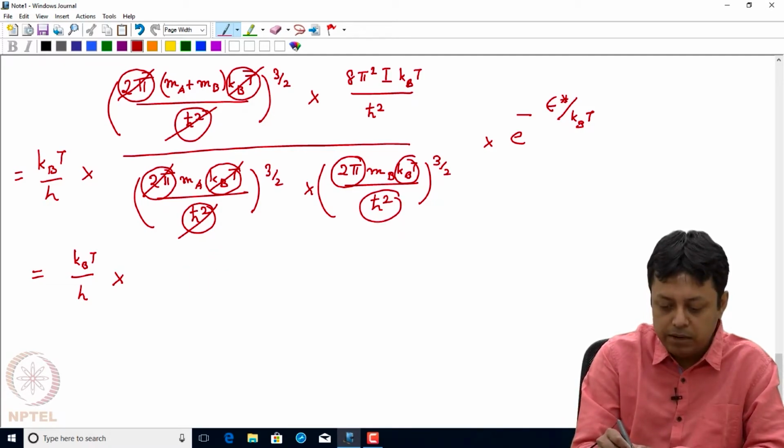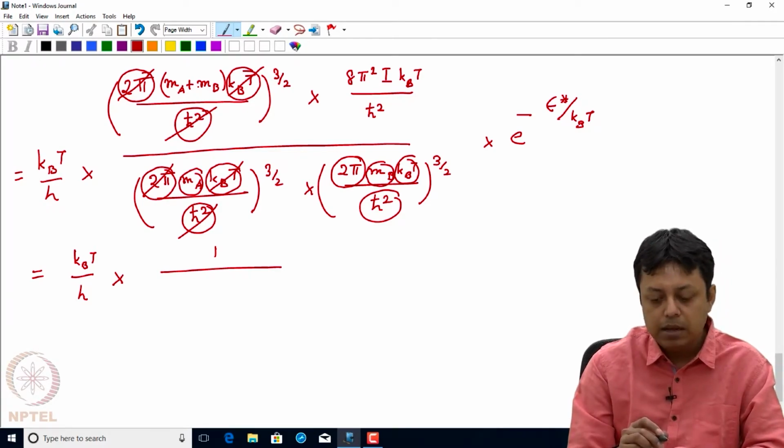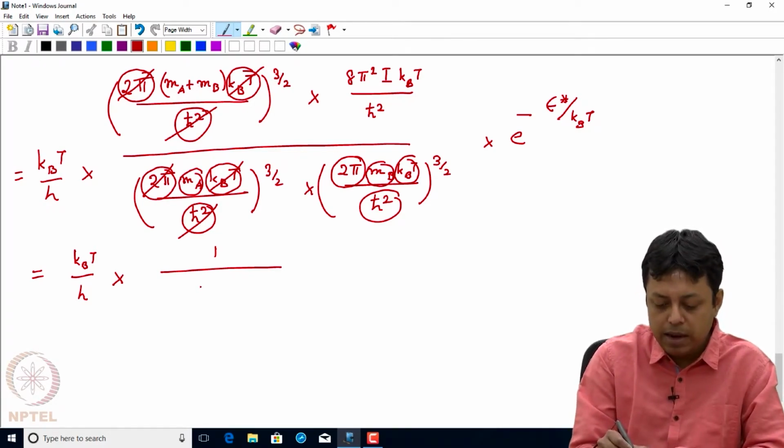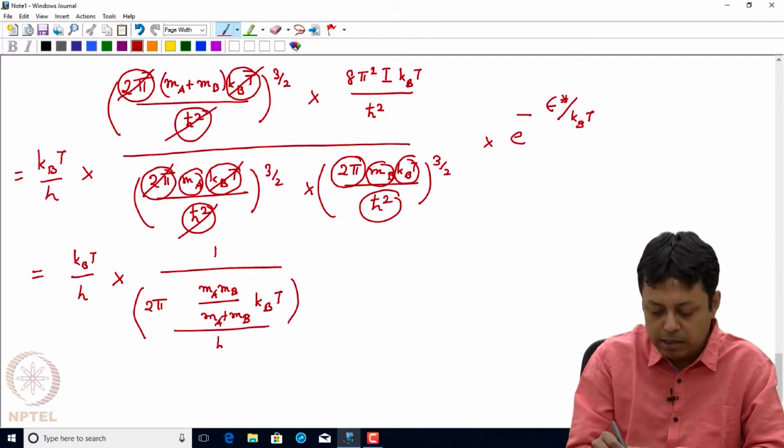Also notice that I have Ma times Mb, and in the numerator I have Ma plus Mb, so I can write MaMb divided by Ma plus Mb, and then 1 over 2 pi kBT and h bar squared, raised to the power 3 by 2.